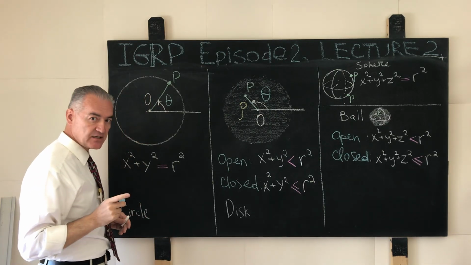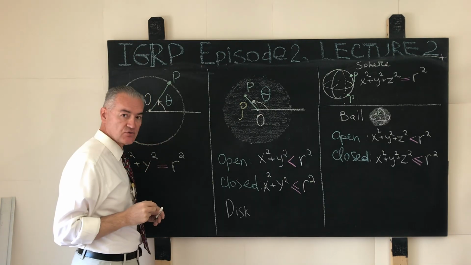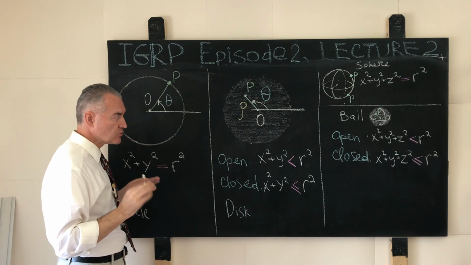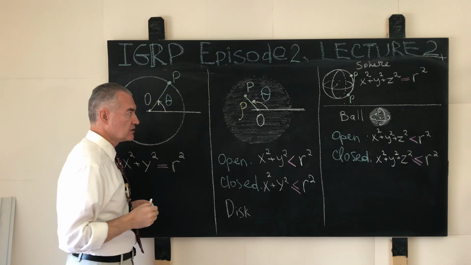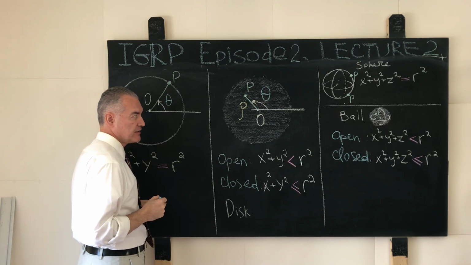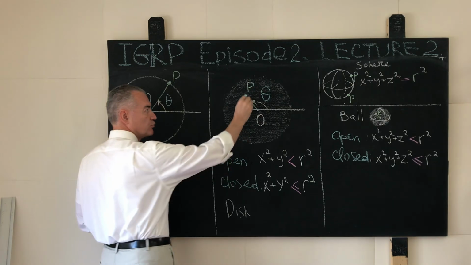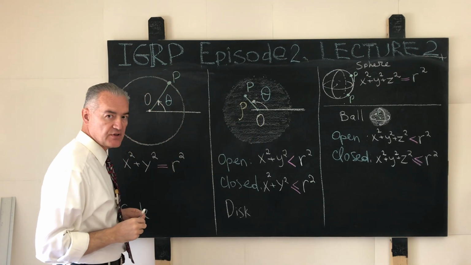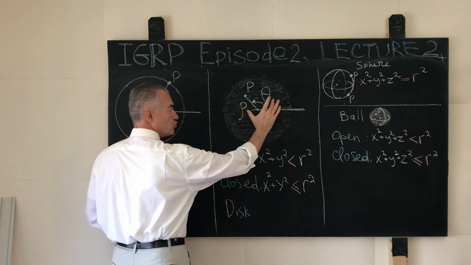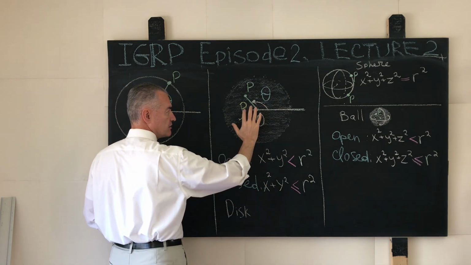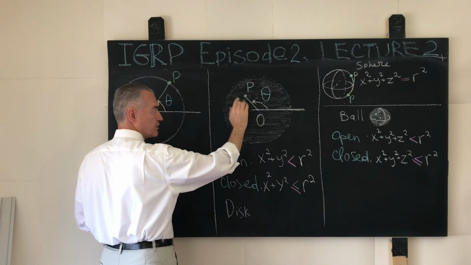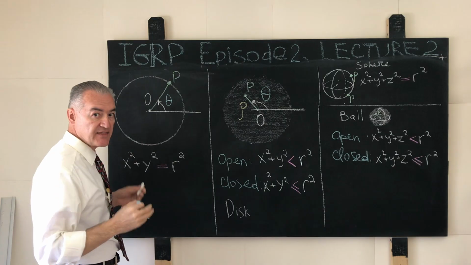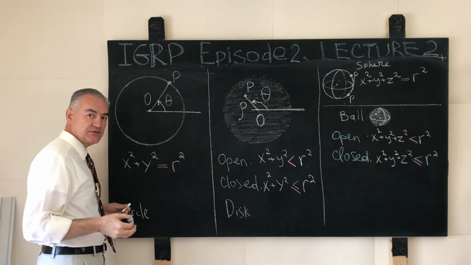Plus, we need the second real number to fix the location of such a point, which is now a linear, or we can call a radial, but to be more technically accurate, a linear displacement of that point from precisely the center of the disk. Thus, two real numbers, theta and rho, in order to fix the location of every point in the disk, a two-dimensional object.